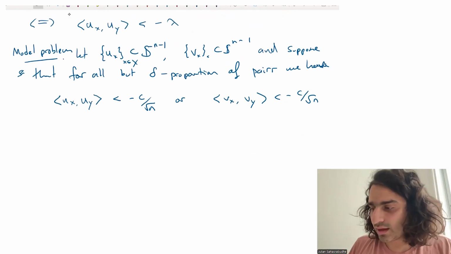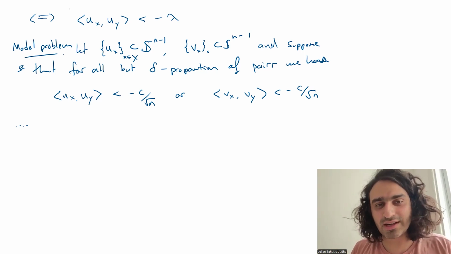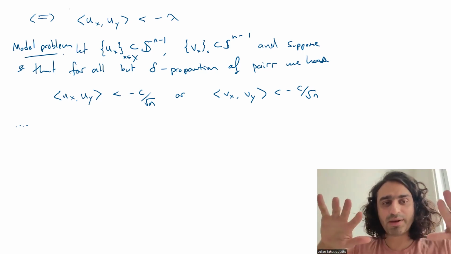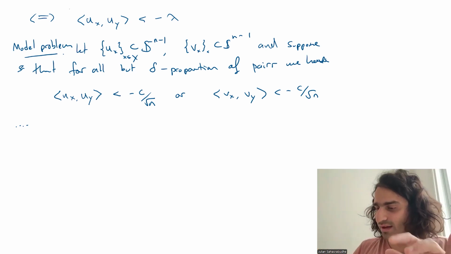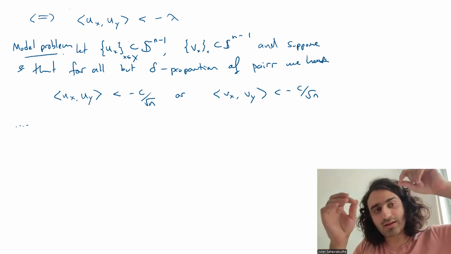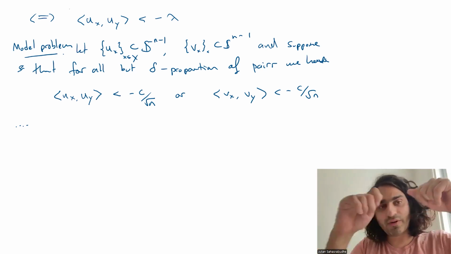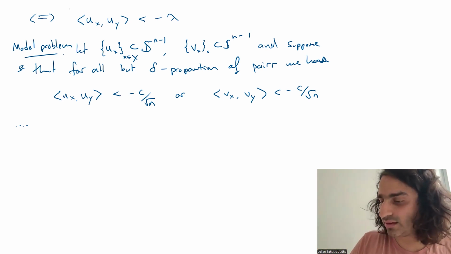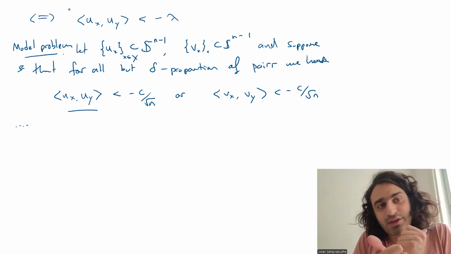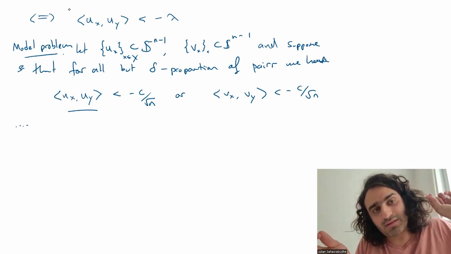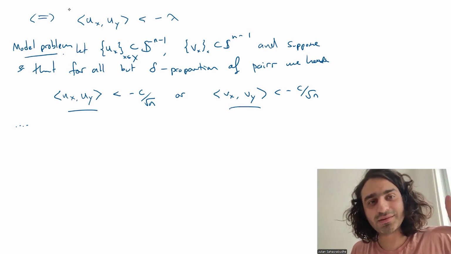Okay. I'm not quite finished, but let's just try to digest the property so far. The assumption is that, there's going to be some delta proportion of pairs excluded, but for all pairs outside of this set, either the u vectors are macroscopically negative, or the v vectors are macroscopically negative.